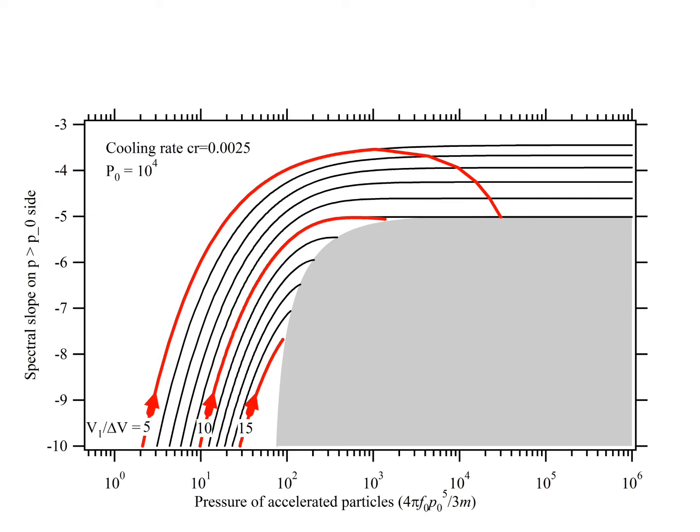However, because the amplitude of plasma fluctuation is small, the growth of pressure and the growth of spectral slope is only limited.